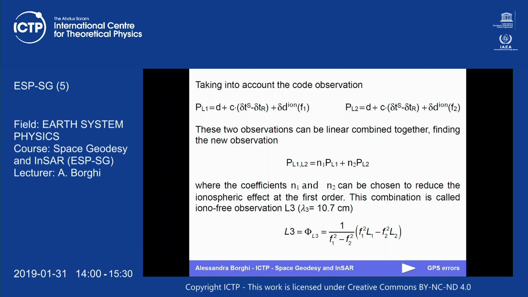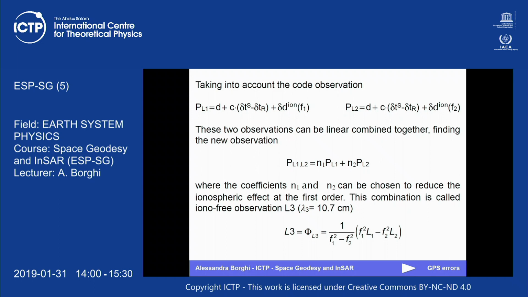We have to take into account higher degrees, and this is the reason that the new global navigation satellite systems are designed to have 3 carriers, not just 2, because during some periods with very high solar activity, 2 frequencies are not sufficient.